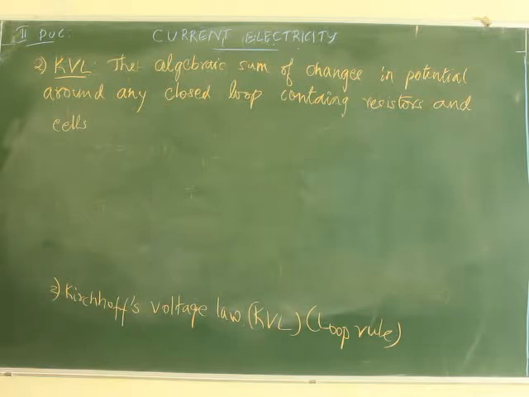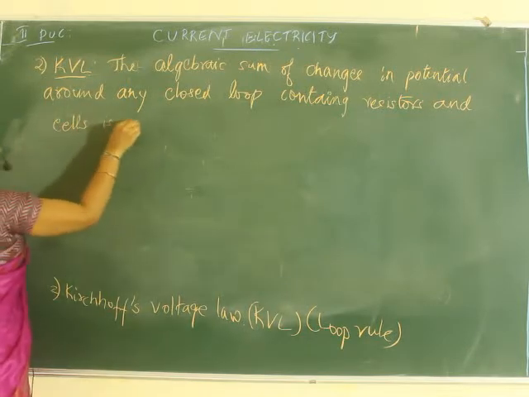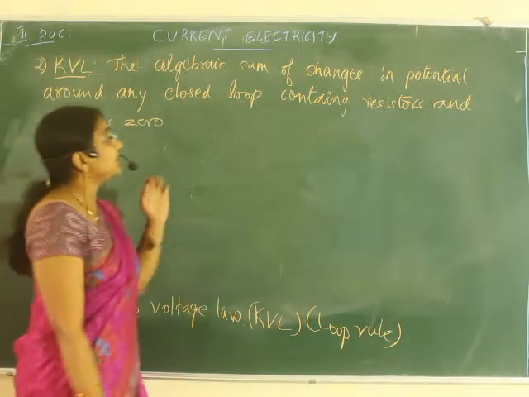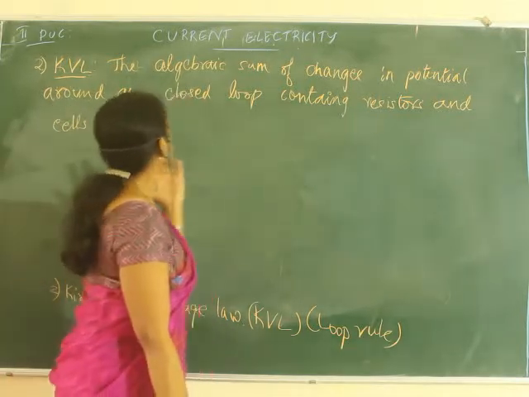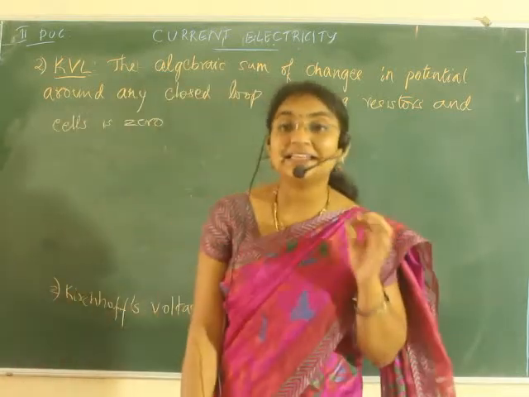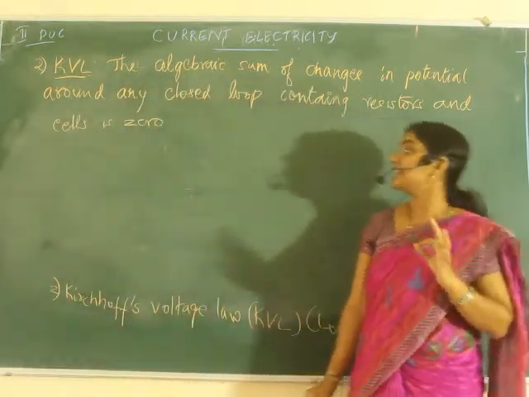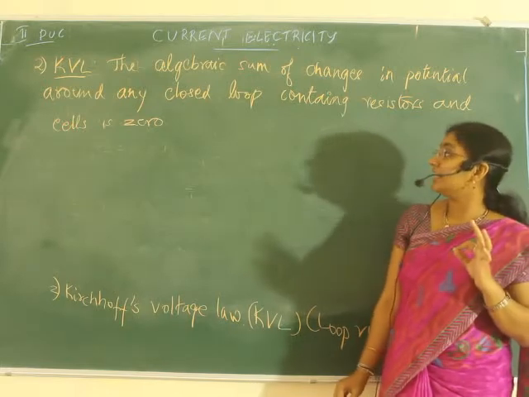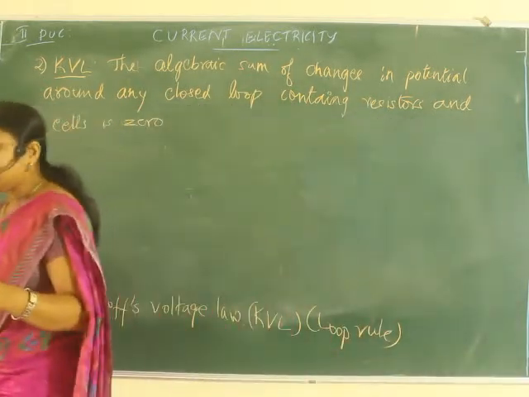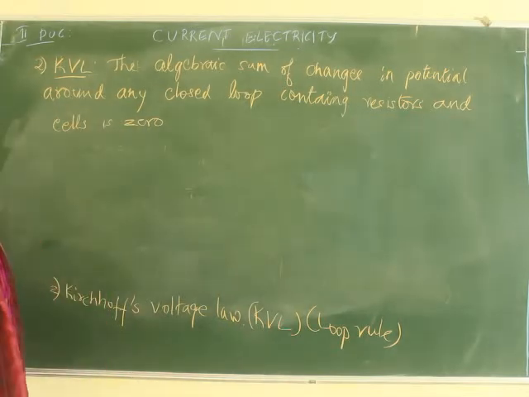Okay, is 0. The algebraic sum of changes in potential around any closed loop containing the resistors and cells in a circuit is nothing but 0.